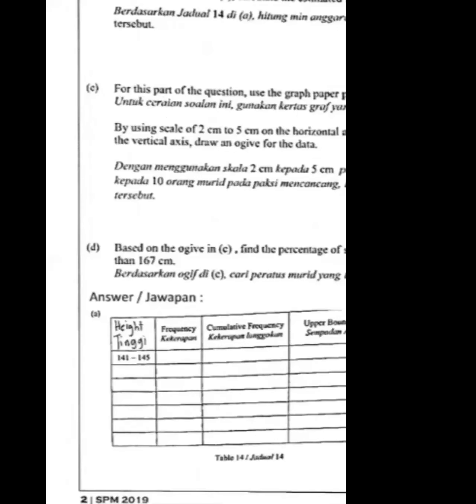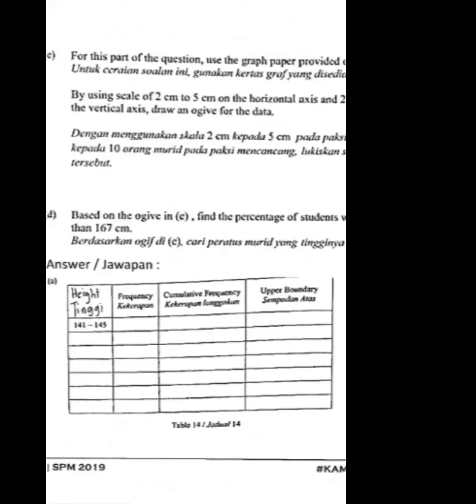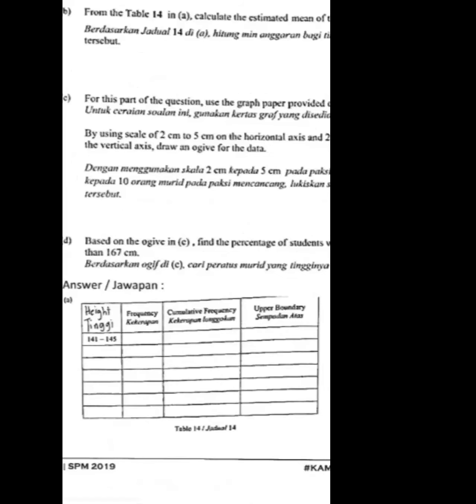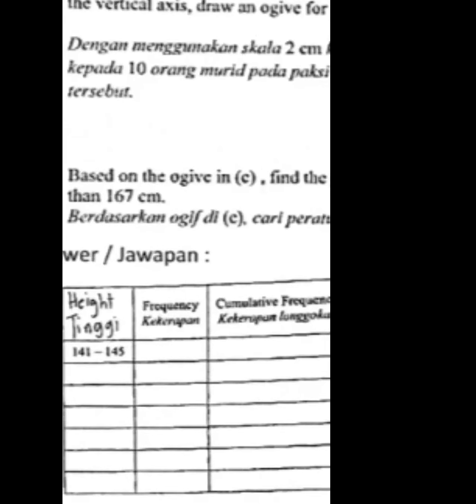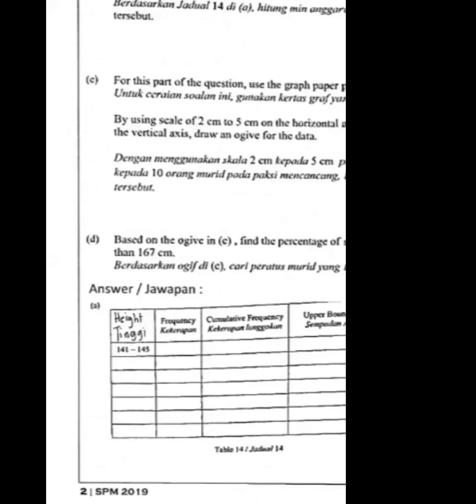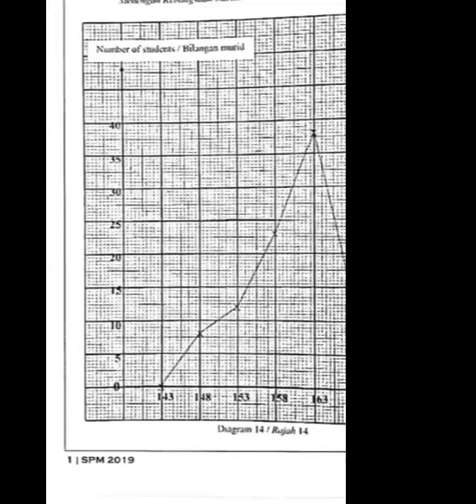As for the cumulative frequency, you need to find the frequency first, then you can find the cumulative frequency. Cumulative frequency is the sum of frequencies. For the first column, the frequency on the graph is 0, right? At 143 there is 0.